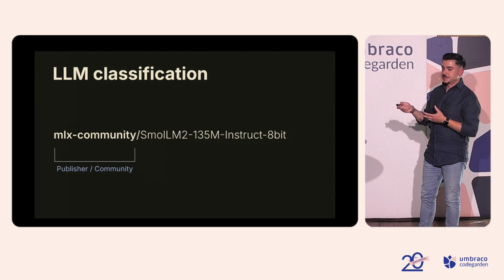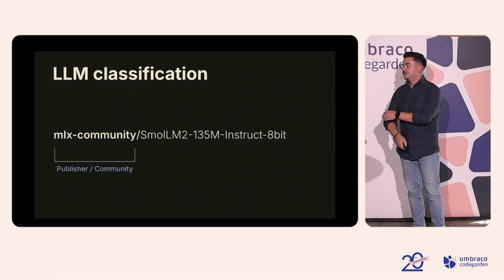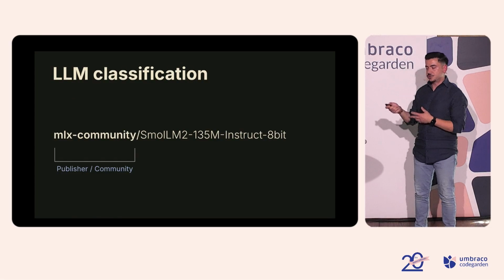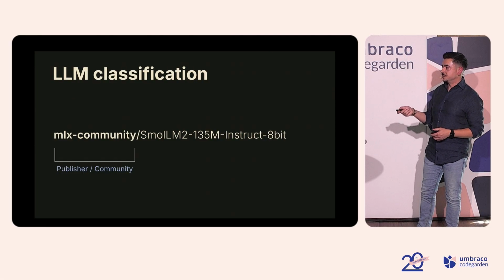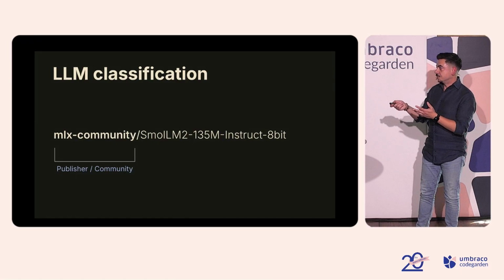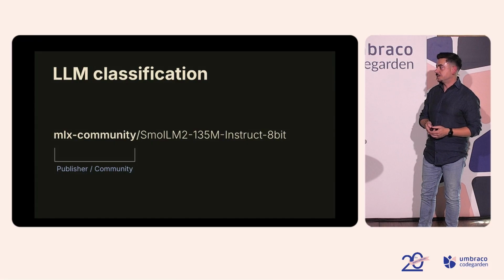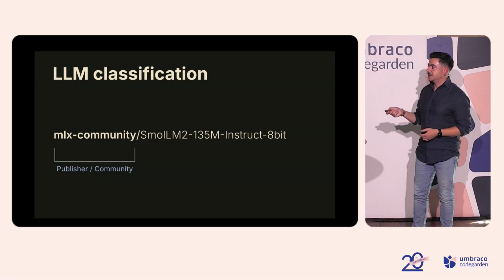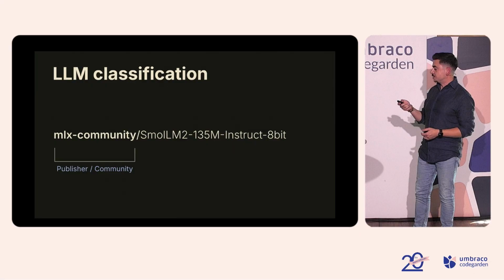So LLMs are classified with a text like this. Maybe you have already seen this before. If you go to a model hub, you would be seeing this, Hugging Face. If you search for models in Hugging Face, you will see this kind of text all around. And the first part of the text represents the publisher or the community publishing this model. Here we see MLX community publishing this model.